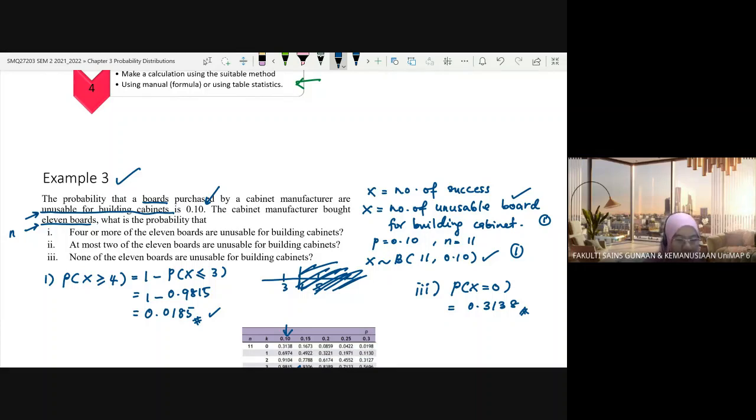But if it is open-ended questions, everything will be given in terms of the question itself. I hope everyone knows how to define X, state the distribution, and start answering the questions.